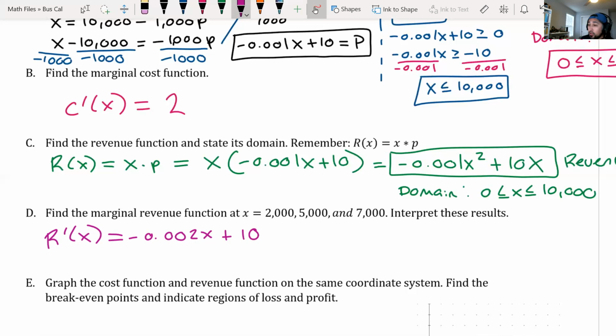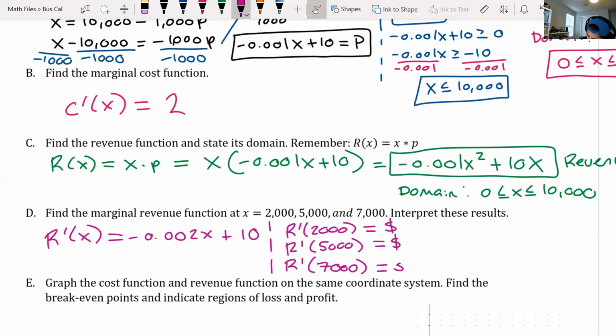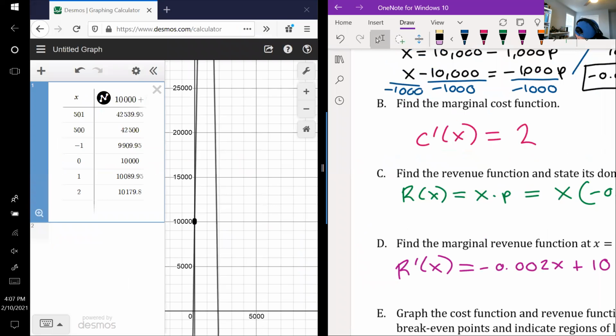And now we're going to plug in 2,000, 5,000, and 7,000 into this marginal revenue and interpret the results. So I'll have R prime of 2,000, R prime of 5,000, and R prime of 7,000. And I'll go to Desmos, sure, since I have it up.